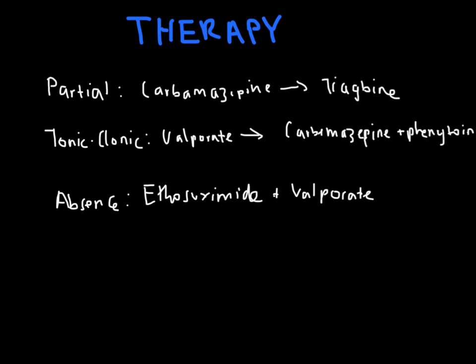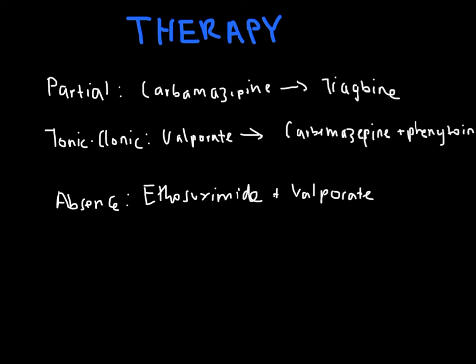Just to recap on the treatment of different types of seizures, so partial seizures, our first line therapy is carbamazepine, which is a sodium channel blocker, followed by tiagabine, which is a GABA transporter or reuptake inhibitor. Sorry, I've got the hiccups.